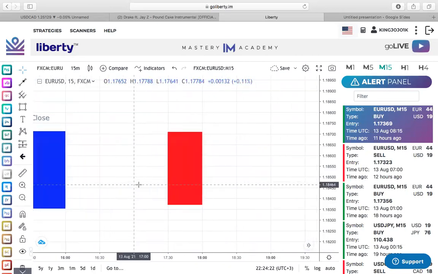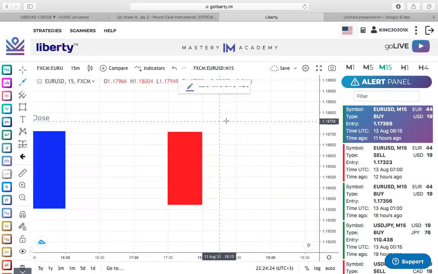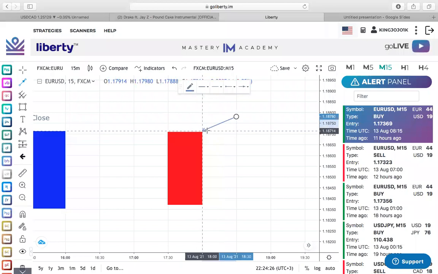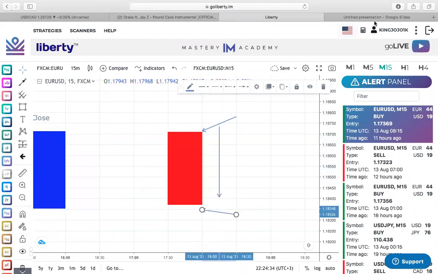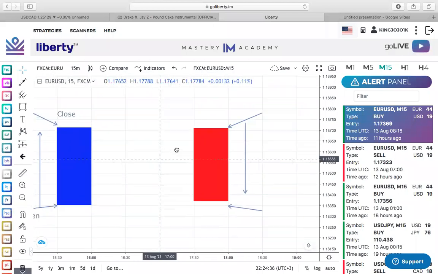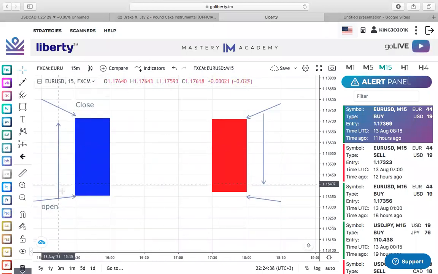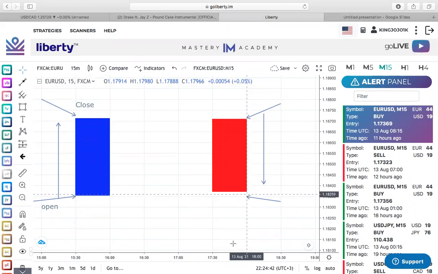Now, for a bearish candle, which means a selling candle, it will open at the top, sell all the way down to the bottom, and close right here. Everybody should understand this. Open, close, open, close. All right, let's get back to the PowerPoint.